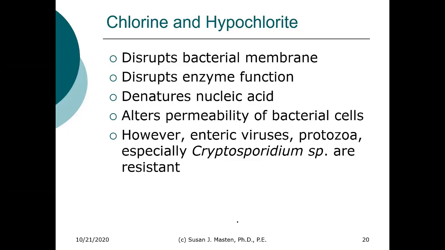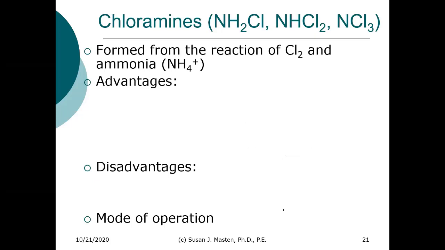However, protozoa and many viruses are resistant to chlorine. So if we look at the CT tables, you'll see when we talk about CT, that the CT value for crypto is quite large for the chlorine and hypochlorite.